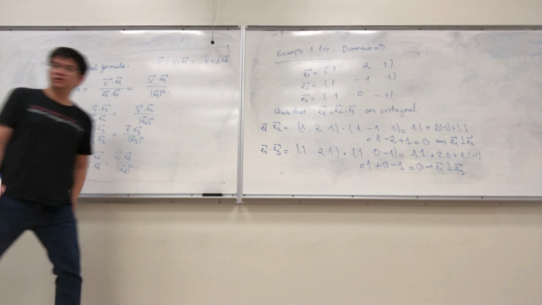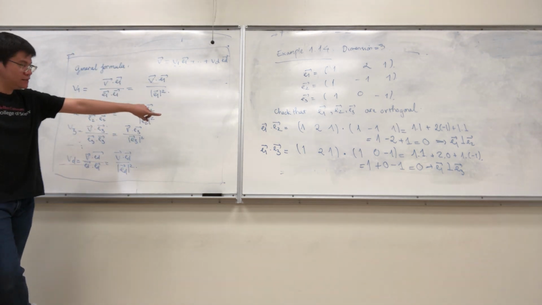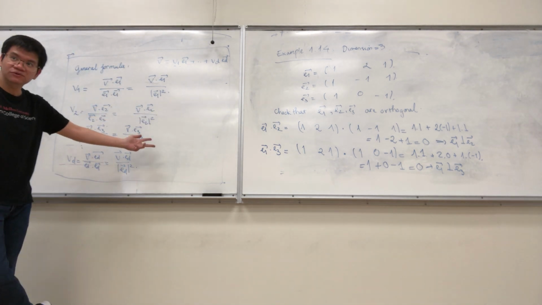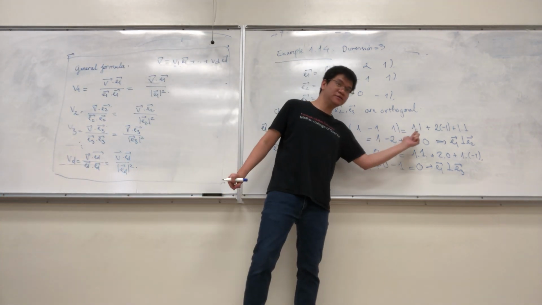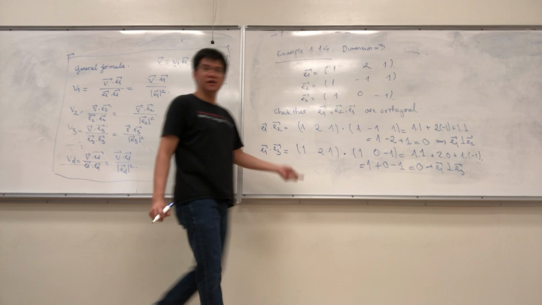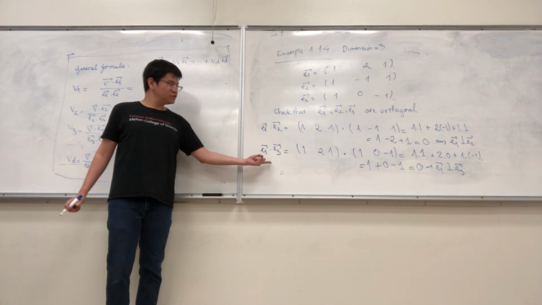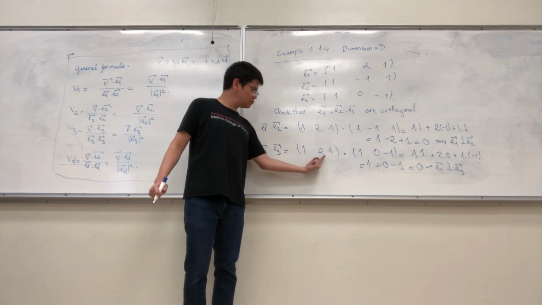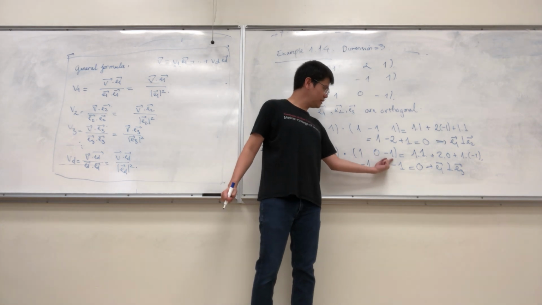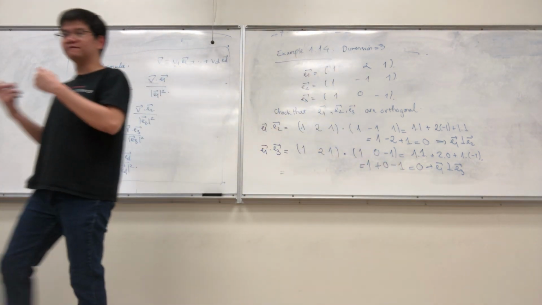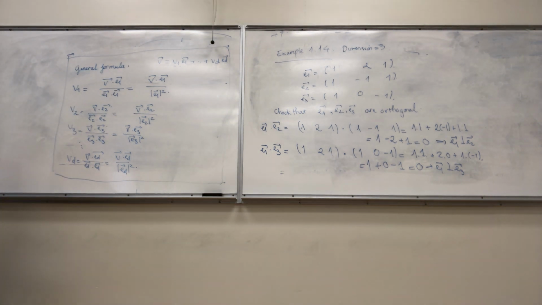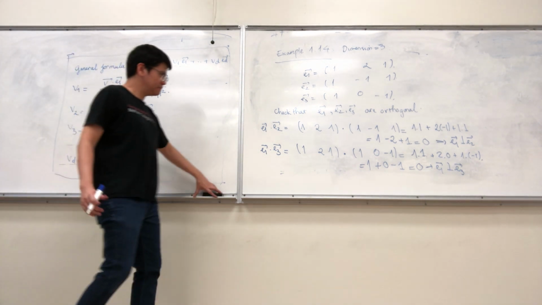So first I check that E1 and E2 are orthogonal. This is standard because you have to multiply all of the coordinates and take the sum, and this is 0. For the second one, you also do the same. You have (1, 2, 1) times (1, 0, -1), and you get 0, which means that the first one and the third one are orthogonal.